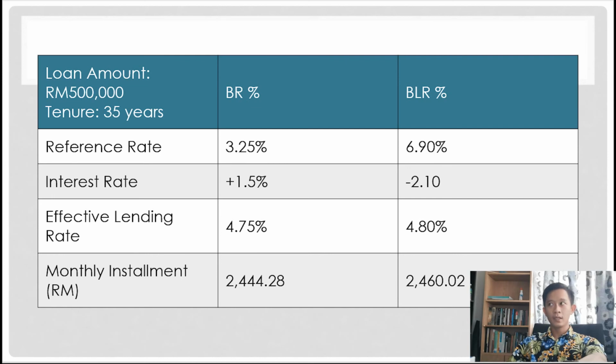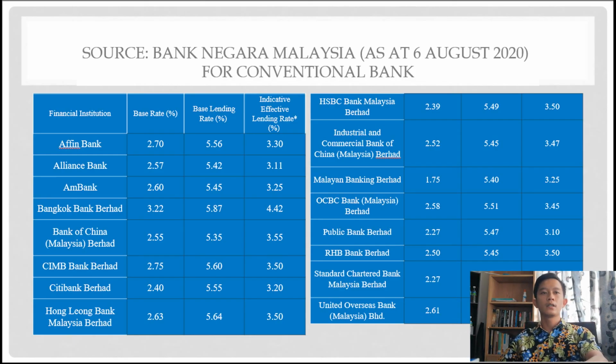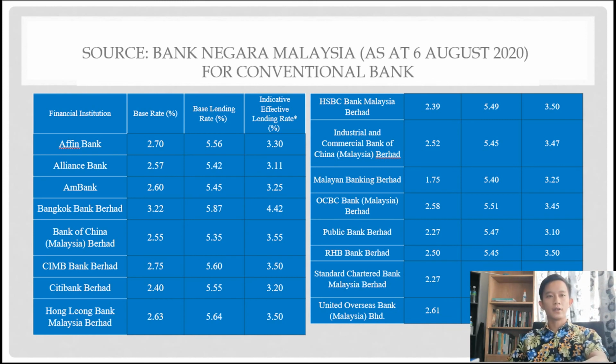So let's look at a clear example. This is the source from Bank Negara Malaysia as at 6 August 2020 for conventional banks. You can see the base rate, base lending rate, and the effective lending rate.